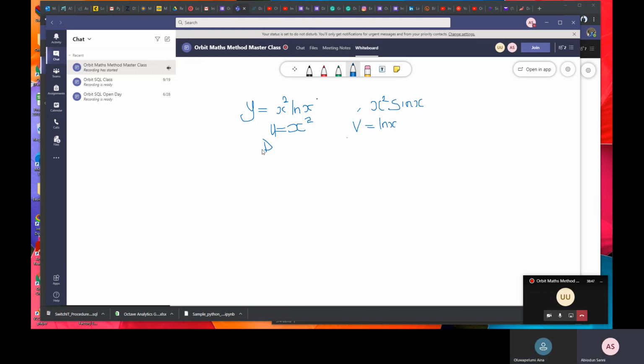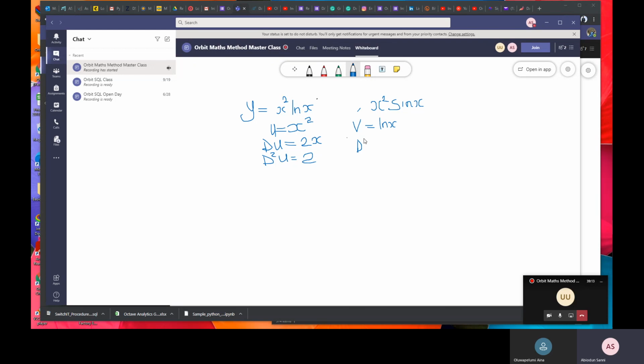Now my du, what's my du? It's going to be 2x, right? My d square u, if I differentiate again, it's going to be 2, right? If I differentiate again, it's giving 0, so it's a waste of time. So now the next thing I'm going to do is, what's my general term for ln x?